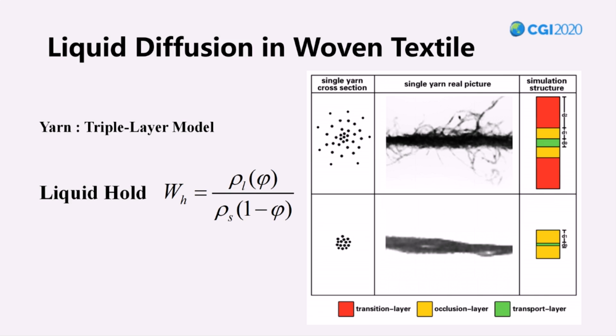Phi is the porosity of the fabric. Rho_L is the density of the liquid, and Rho_S is the density of the fiber. Phi, Rho_L, and Rho_S can be obtained from textile science by looking up data.